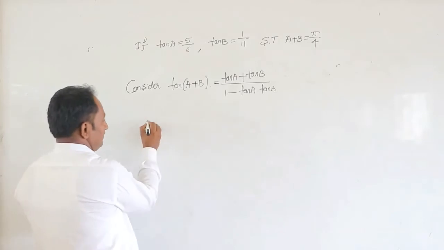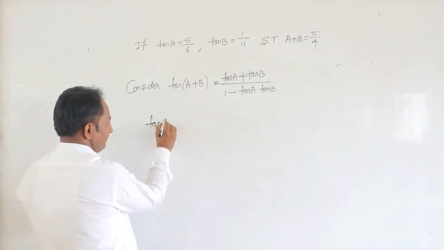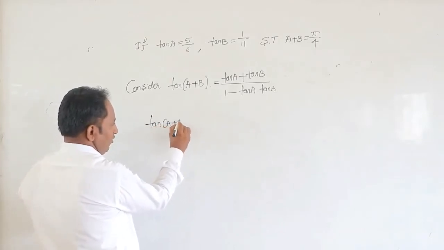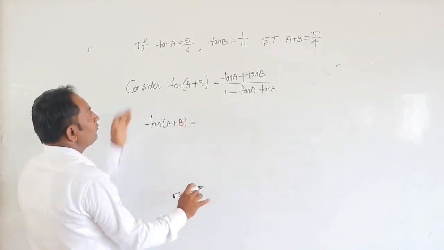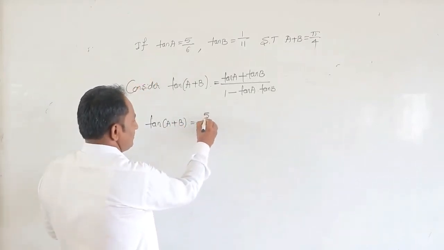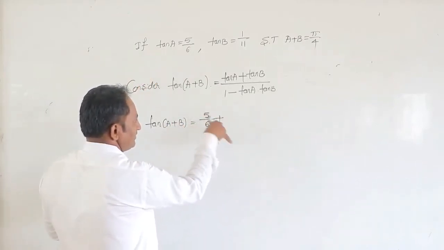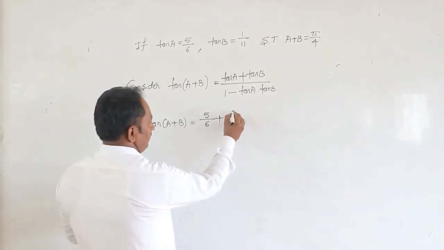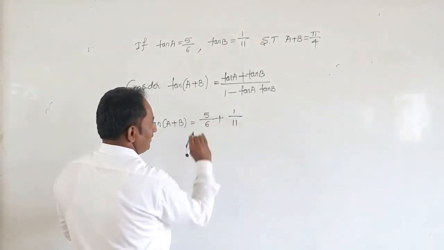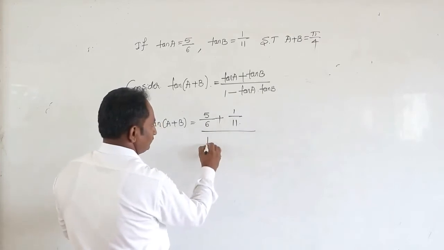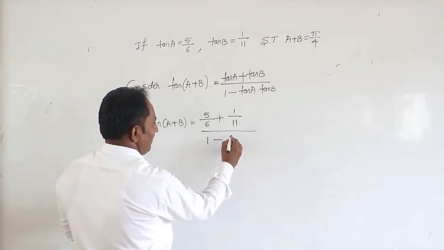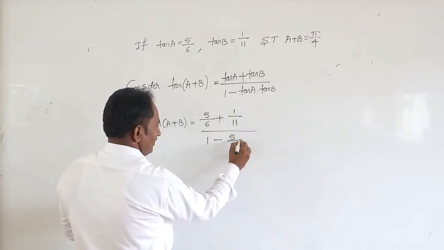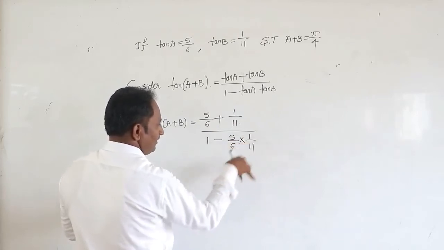Then tan of a plus b is equal to, we know the result 5 by 6 plus tan b value 1 divided by 11, whole divided by 1 minus tan a value 5 by 6 into 1 divided by 11.